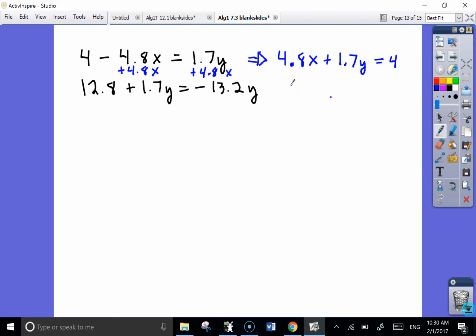And the second one is clearly not written correctly. That was supposed to be an x.